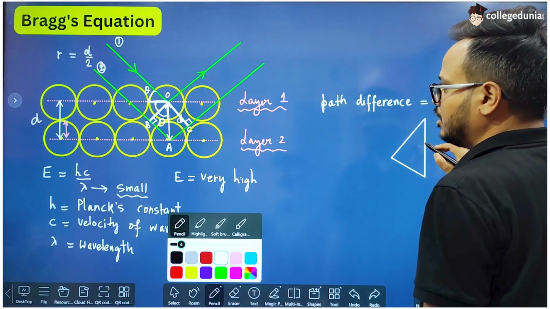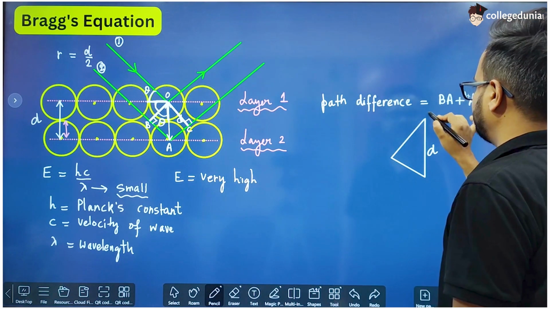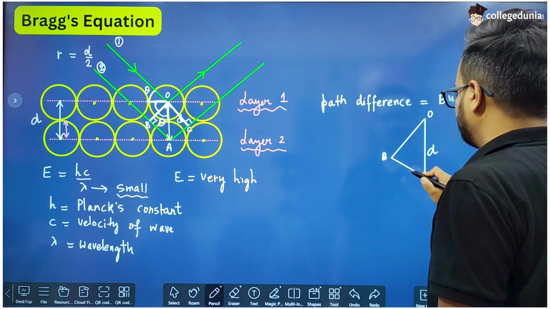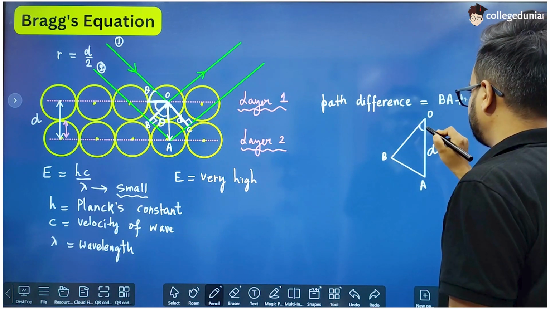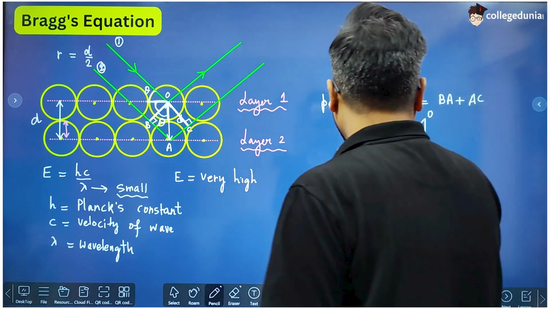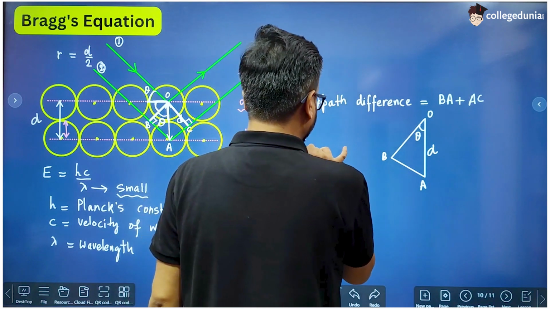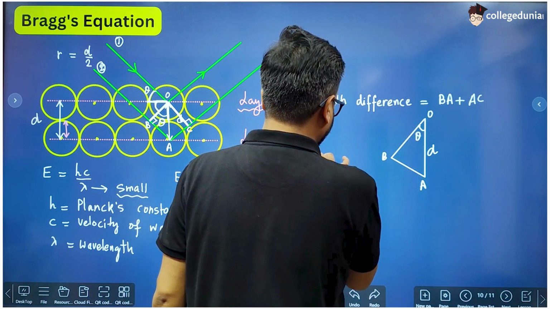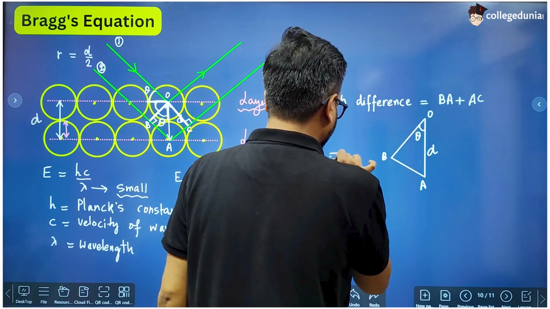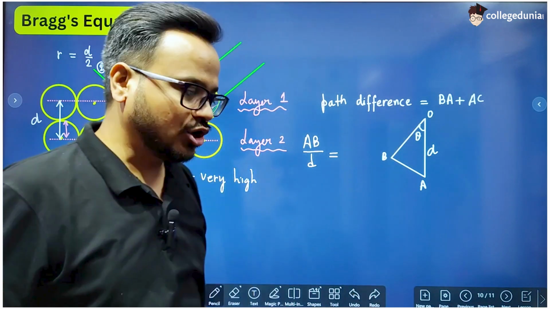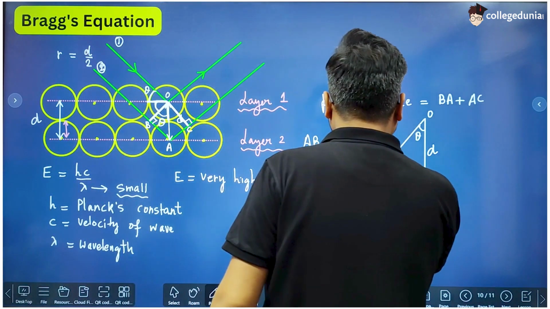This is d that we have to find. This is O, this is B, this is A, and this angle is theta. Now using simple trigonometry, we can say that AB by d is perpendicular by hypotenuse, which is simply sine theta.